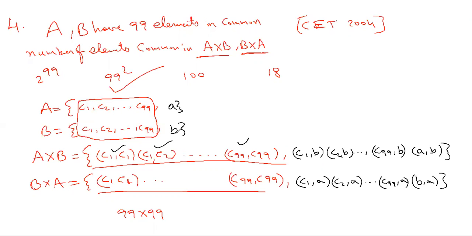After that, C1 with B, C2 with B, like that you'll get these ordered pairs, and then A with C1, A with C2 also you get actually. A with C1 and so on, A with C99. And here also you get B with C2 and so on, B with C99.